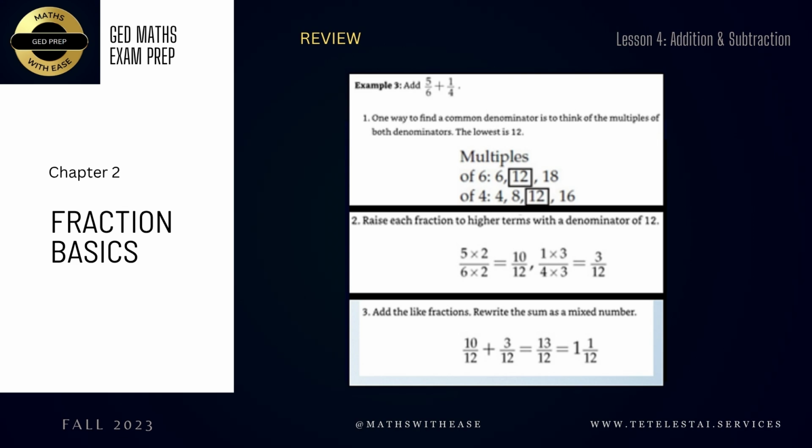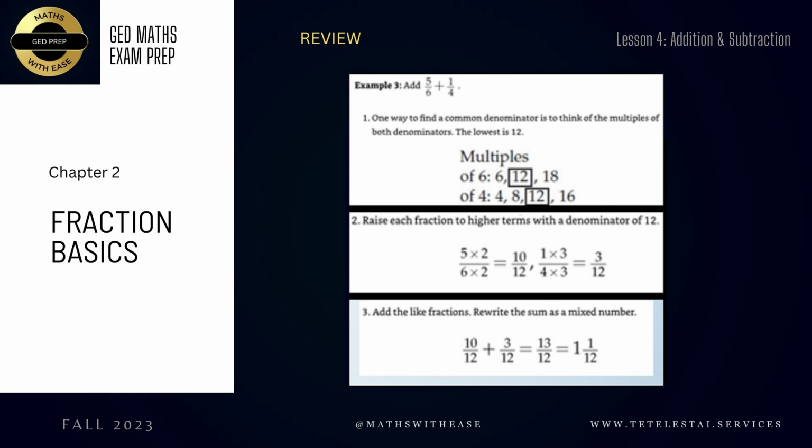But when the fractions don't have the same denominator, there are several steps that you need to work through so that you end up with like fractions that you can easily add.